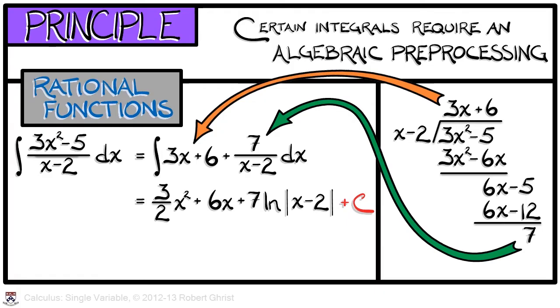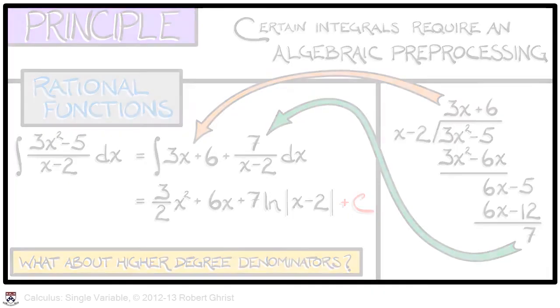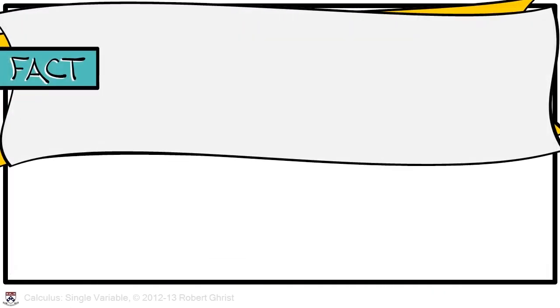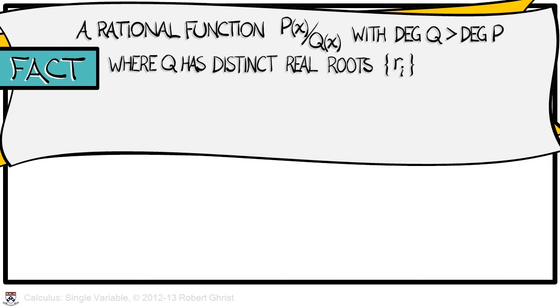Now, this is a trivial example, but what happens when you have a higher degree denominator in your rational integrand? We're going to rely on a certain result from algebra, which states the following. A rational function, p(x)/q(x), where the degree of the denominator is greater than the degree of the numerator, and for which the denominator has distinct real roots, r_i.